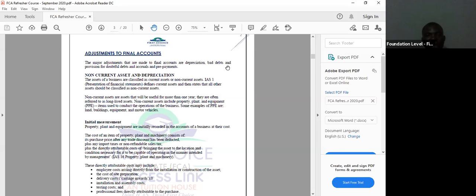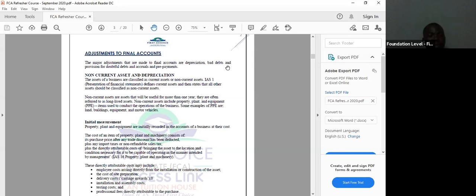Adjustment to final accounts. When we started the class, I told you the accounting process. Firstly, we analyze and collect data.